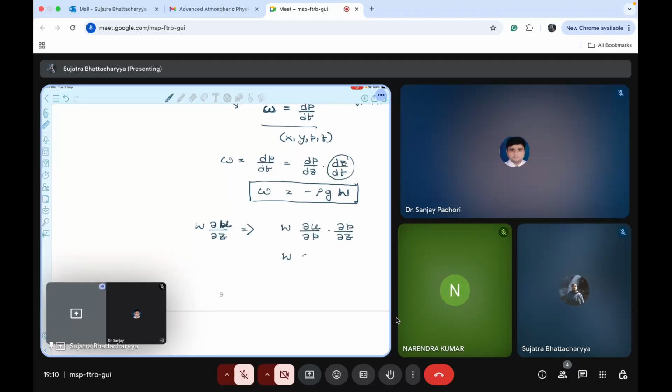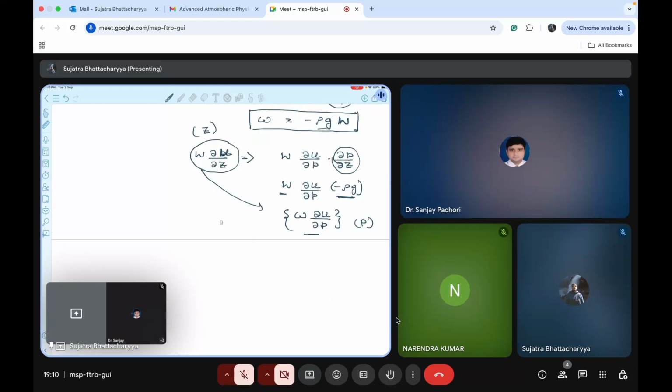So w delta u delta p, keep it as it is. What is this? Same, minus rho g. And minus rho g times w is what? Omega. So you understand, from vertical coordinate as z, that is the x, y, z coordinate, we are converting it into the x, y, p, t coordinate.